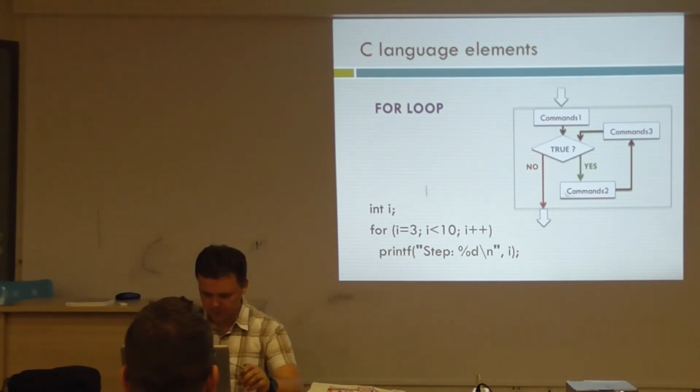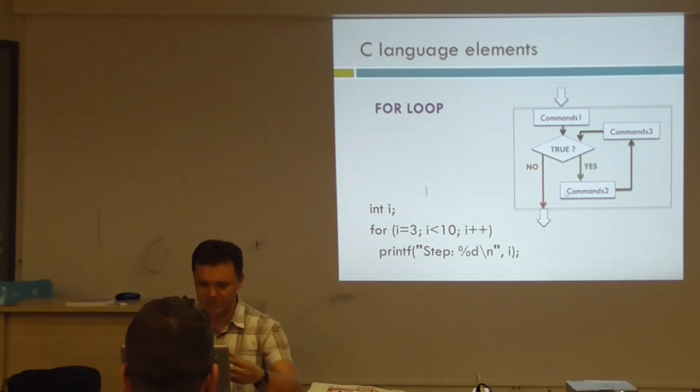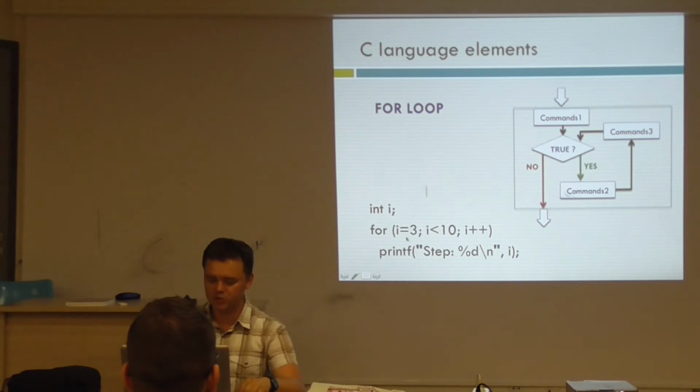Loops. In Java, loops now are much better, I think, than in C languages, especially for some java.util structures. But in C, we can do it in the standard way.